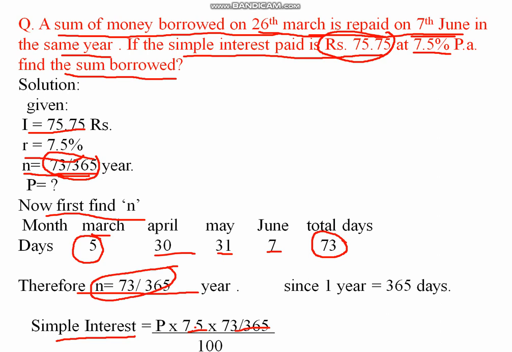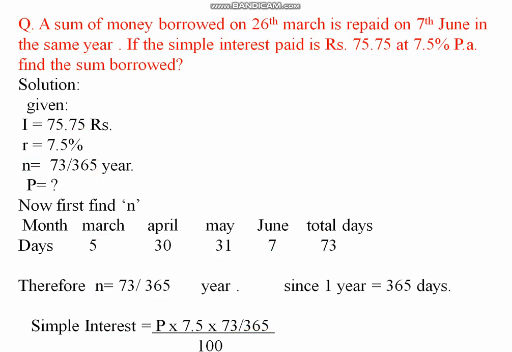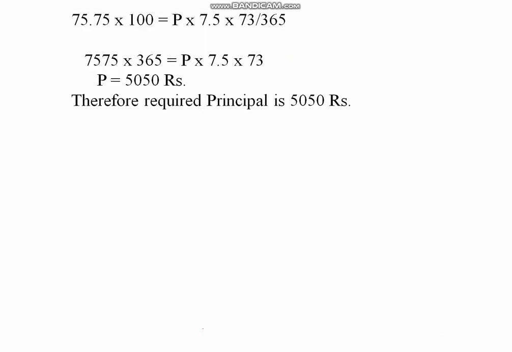Now simplify it. This 100 is divided on the right hand side, so to the left it will multiply, and the left hand side becomes 75.75 into 100 equal to P into 7.5 into 73 upon 365. Simplify this. We have to separate the term P and the constant term.